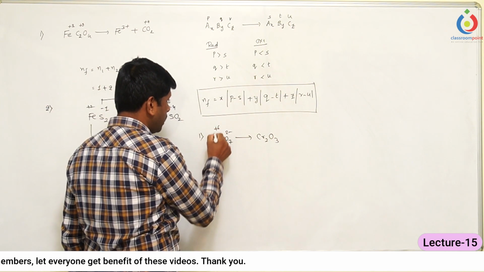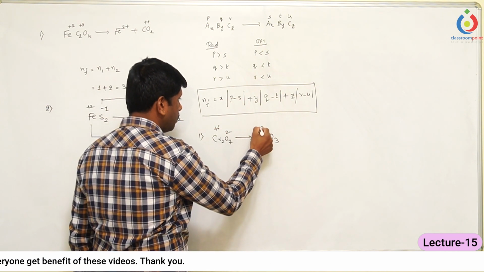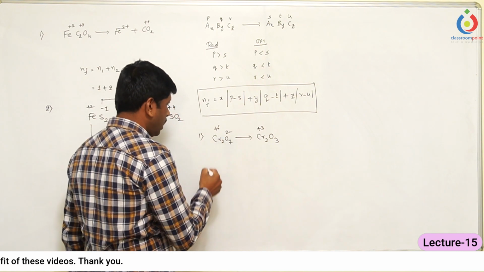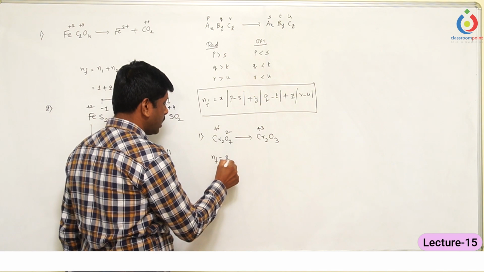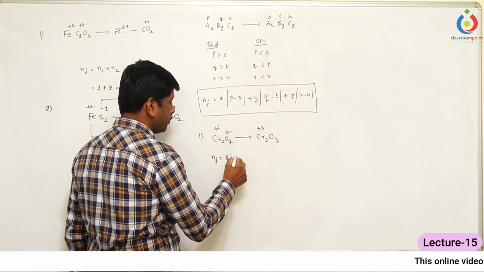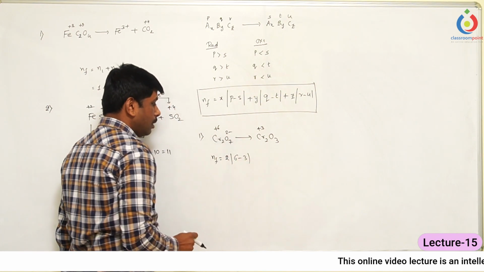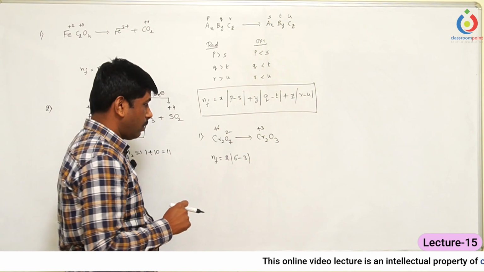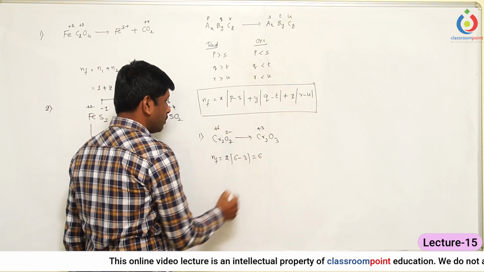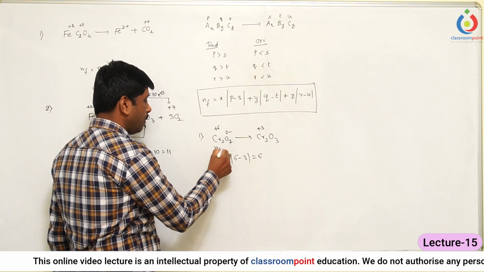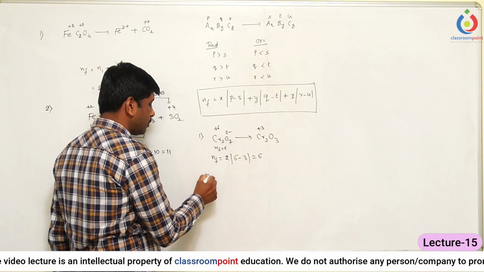Chromium oxidation state is +6, and here chromium oxidation state is +3. This we know already, we have calculated. Now n factor value equals 2 chromiums are there, 6 minus 3. Here we have taken only the difference value, not the signs. 6 minus 3 means 3. 3 into 2 equals 6. So n factor of this one equals 6.